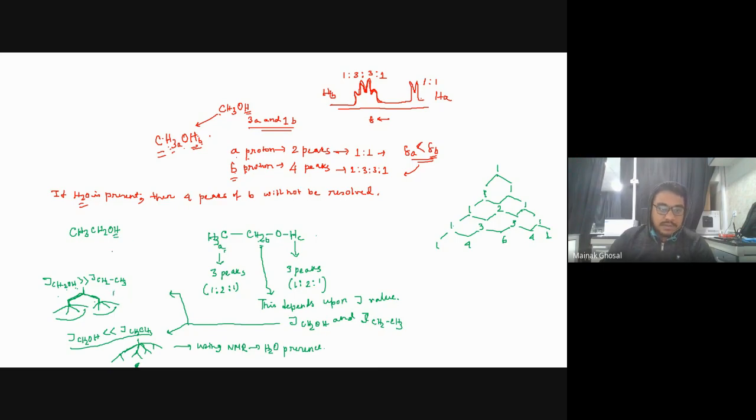Water will exchange this hydrogen, right? So this coupling will be hampered. The CH2 hydrogen will couple to this OH hydrogen, but if the hydrogen is actually replaced, then this coupling will be hampered.